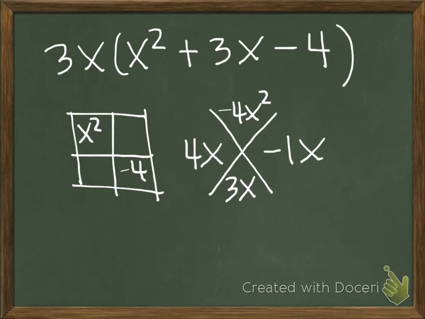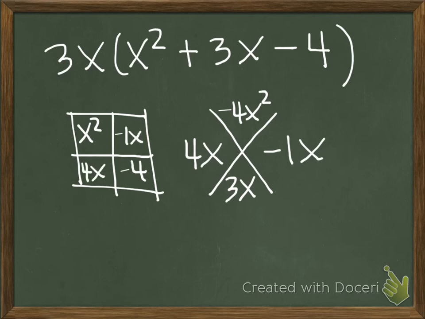As you can see, 4x and negative 1x multiply to equal negative 4x squared and add up to equal 3x. After you have found the two numbers, you can place each of them in the remaining spots of the generic rectangle.